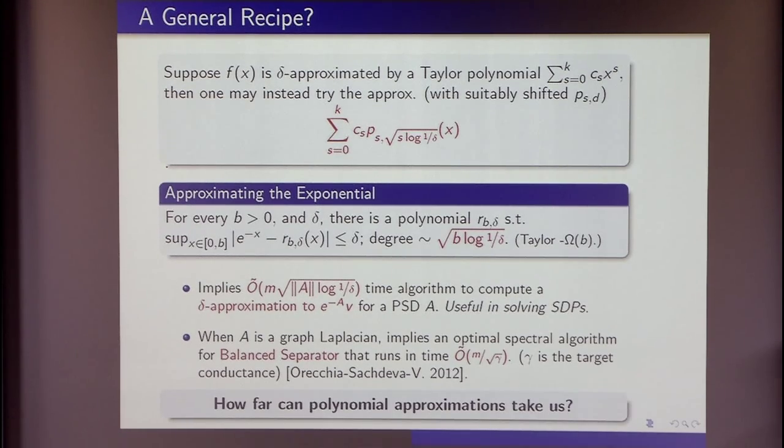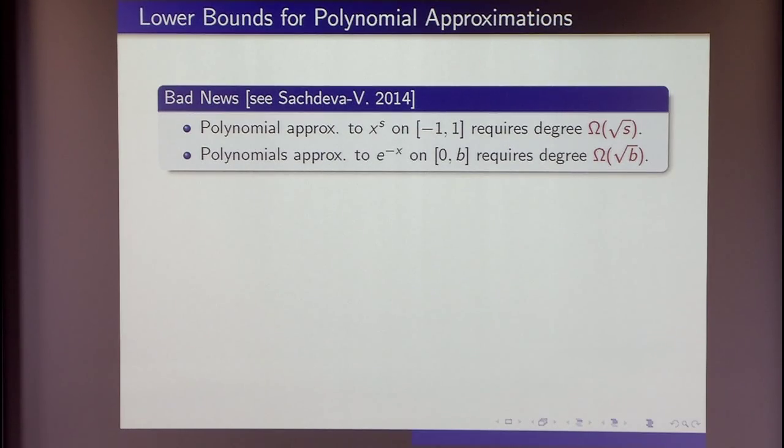Okay, so then comes Gary's question: how far can all this take us? Actually, not very far. Probably many of these things were known somewhere in the literature. It's a 150-year-old literature, so it's not easy to figure out what was known and what was not.